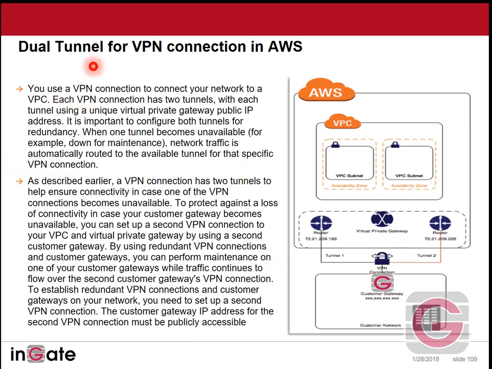Okay, so as I mentioned before, the IPsec VPN implementation on the AWS VPC is based on two tunnels, and this is made for redundancy. So our VPN connection on premise will have to consider the connection to two tunnels, and we'll see how to do that.